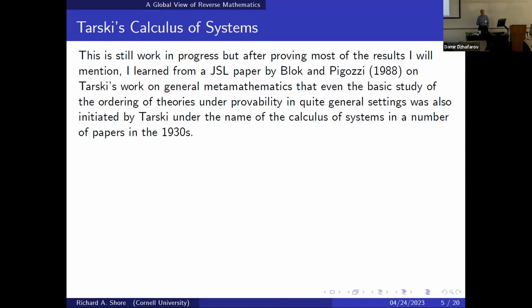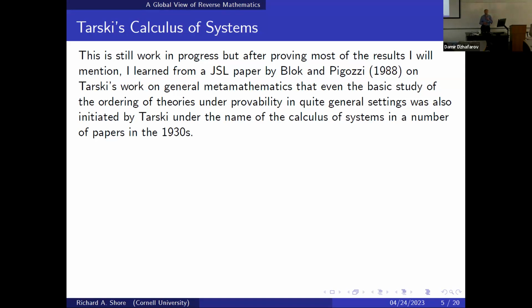On the other hand, what I discovered when I was looking into the history, actually I was looking up algebraic facts that I needed about strange lattices, or what you might think of as strange lattices, is that Tarski had actually introduced this notion in a much more general context back in the 30s. So there are several papers in the late 20s and early 30s in Polish and German, which look at this notion of relative provability strength, and analyze the algebraic structure.